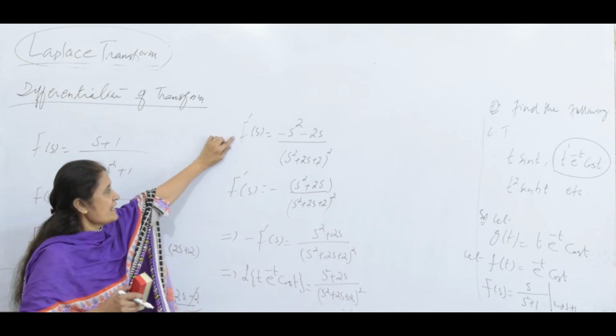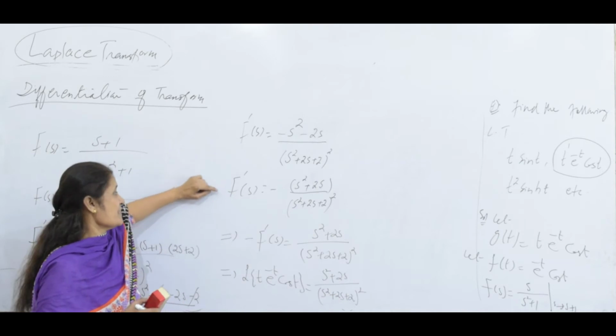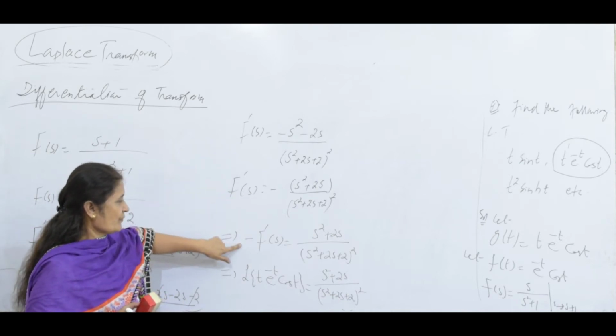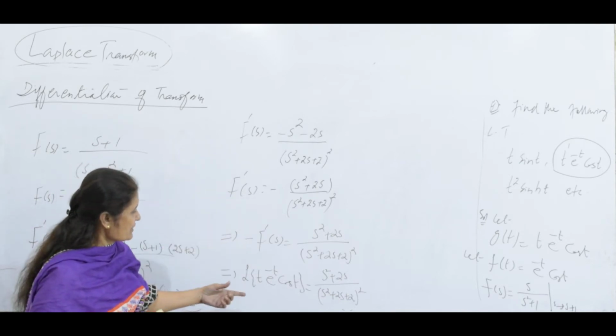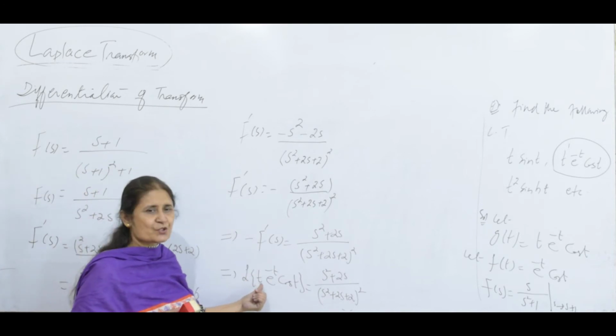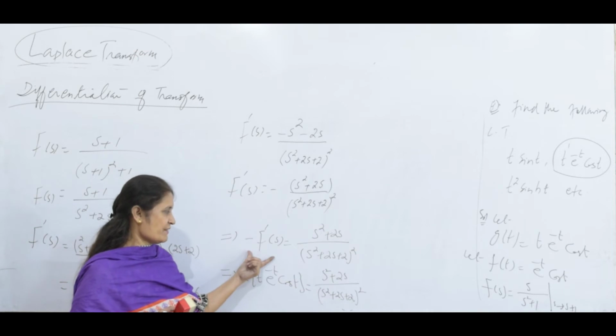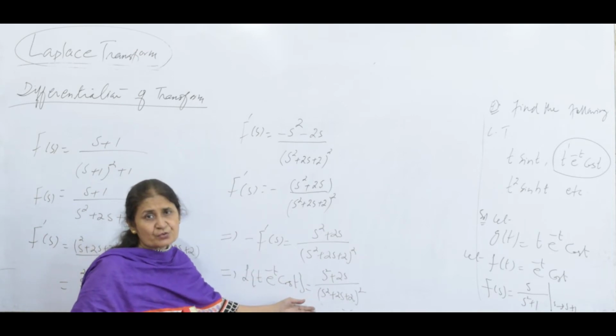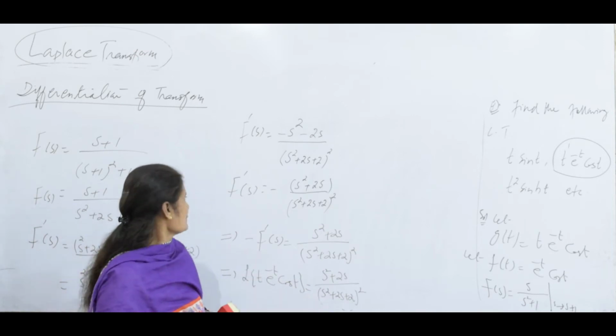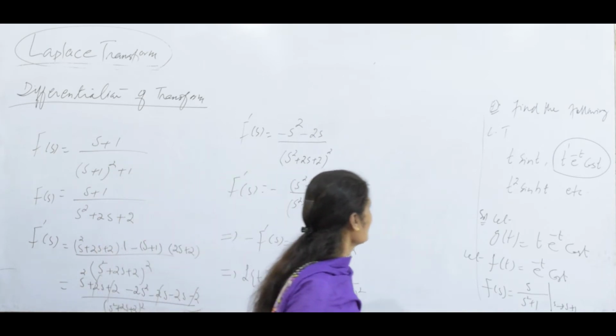If you have taken the derivative, then multiply the derivative with minus 1. Once you multiply, we have seen the Laplace transform of t f of t is minus F dash s. We have found minus F dash s, so this is the Laplace transform. So this is going to be the method.